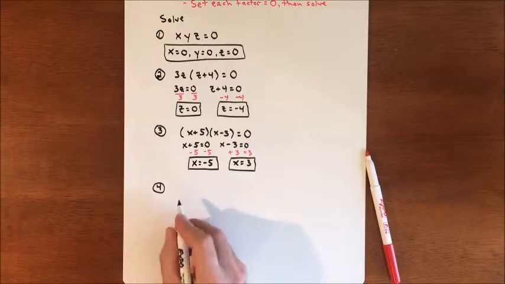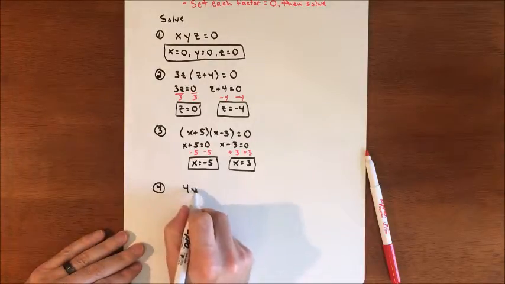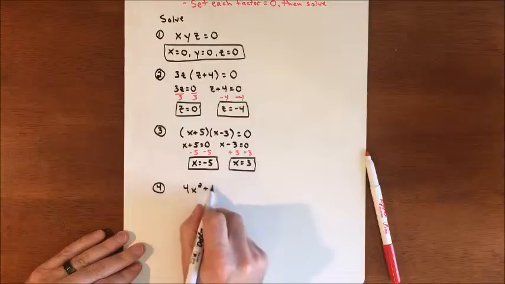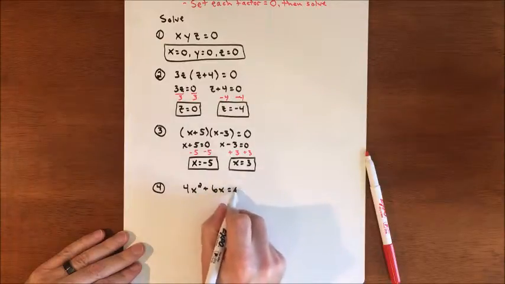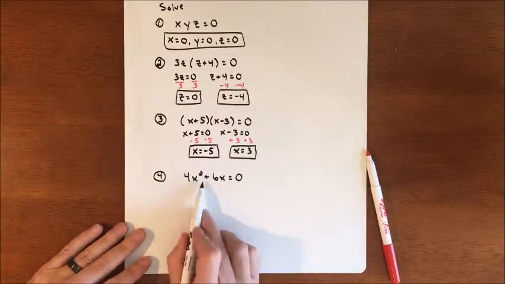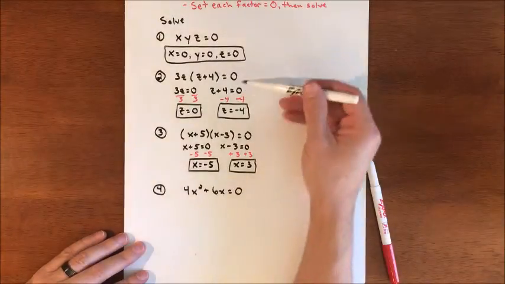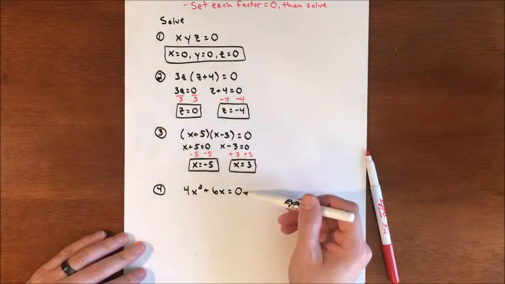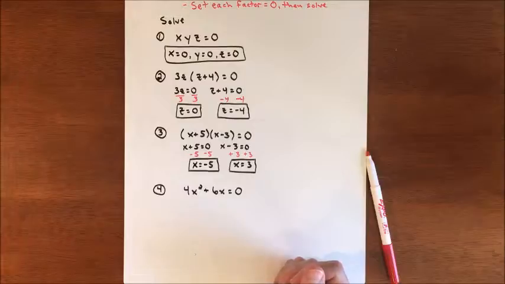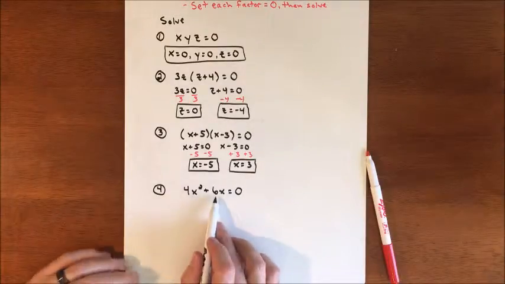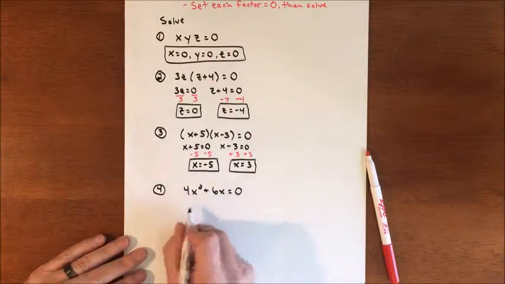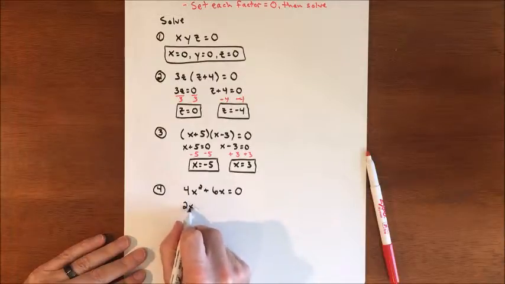So what if it is not in factored form? Okay, so we want number 4 to really look like number 2. So we're going to try and factor out a greatest common factor. Between these two terms, a 2x can be factored out.